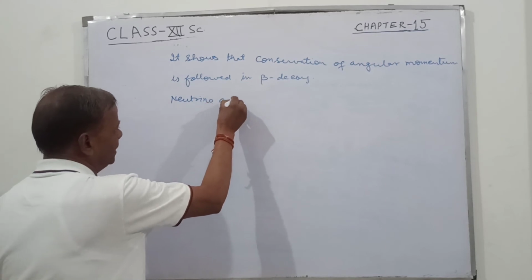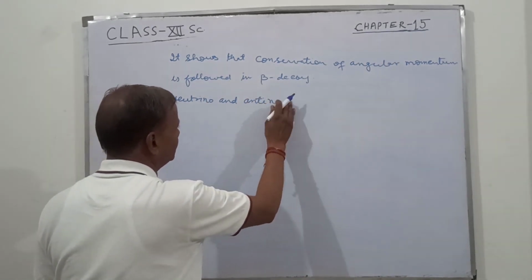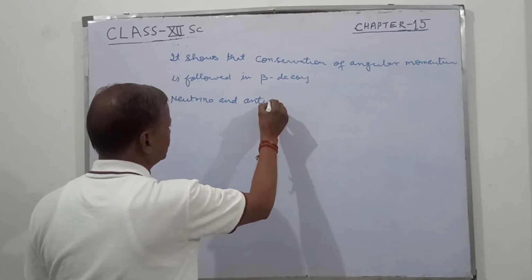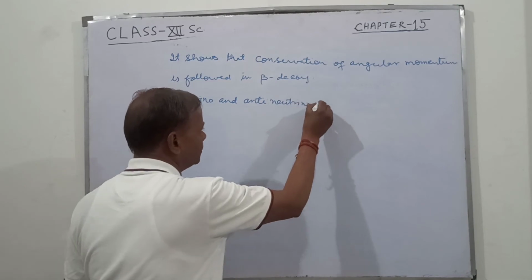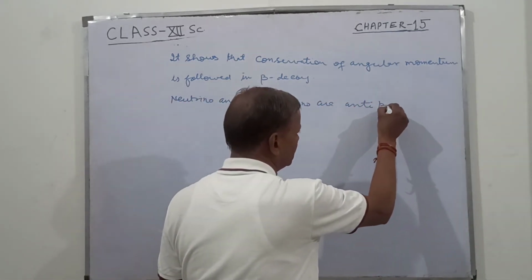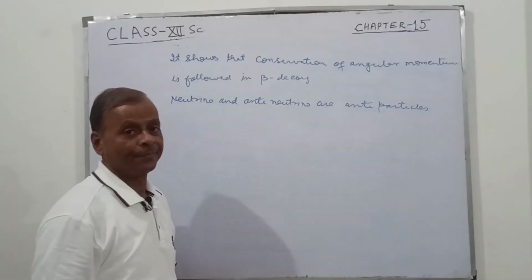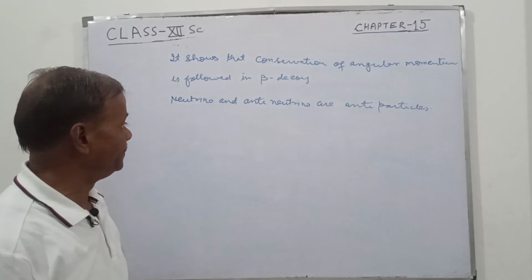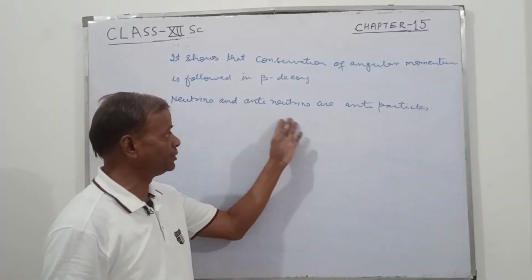When beta minus particle is emitted, there is emission of antineutrino.